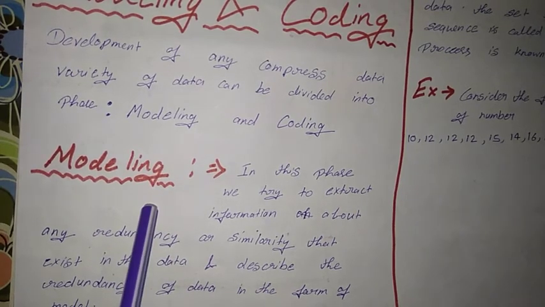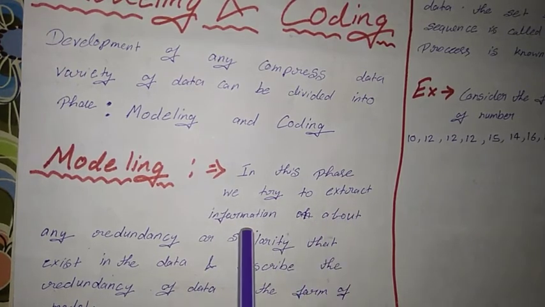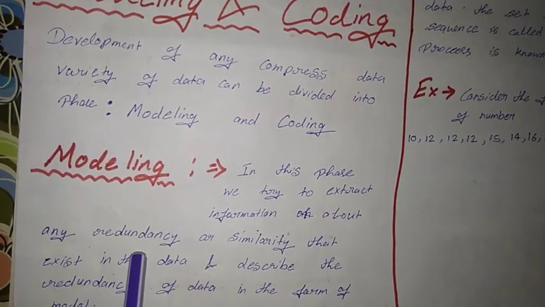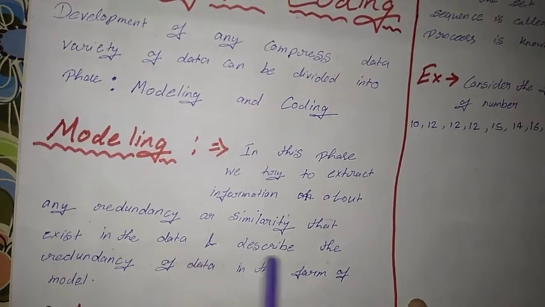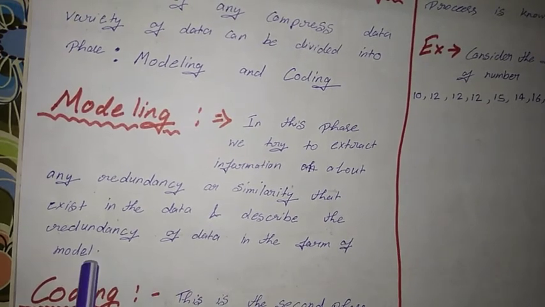Modeling phase: what do we do in the modeling phase? In this phase we try to extract information about any redundancy or similarities that exist in the data and describe the redundancy of the data in the form of models.